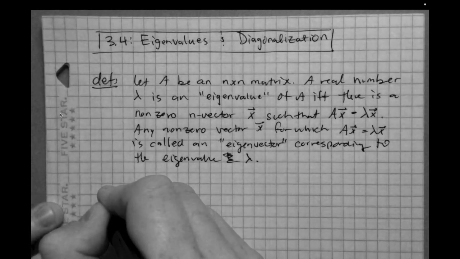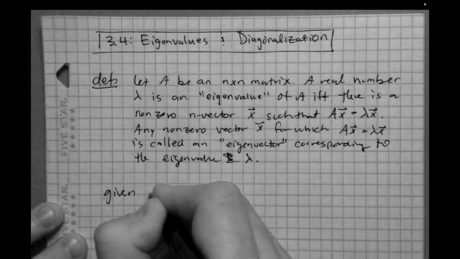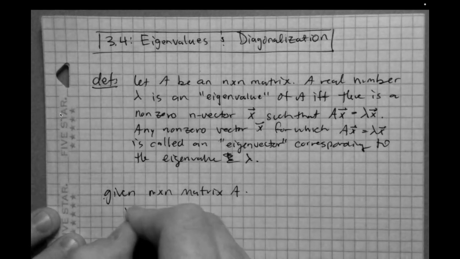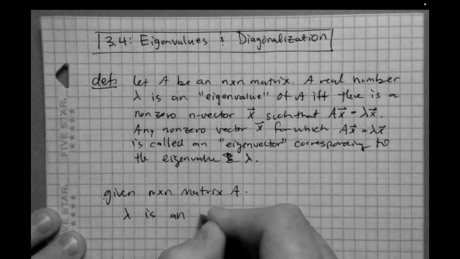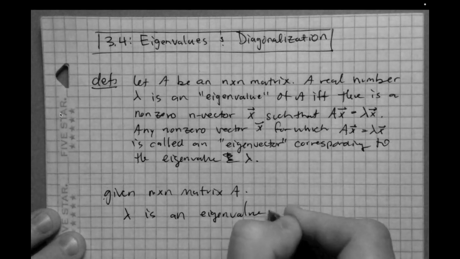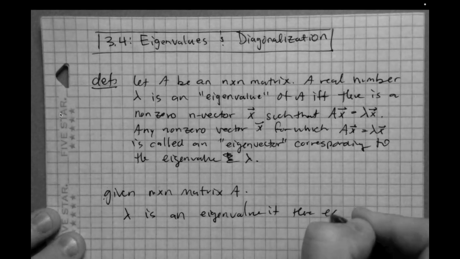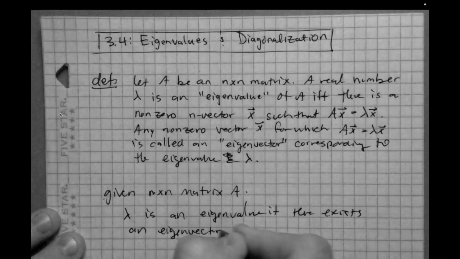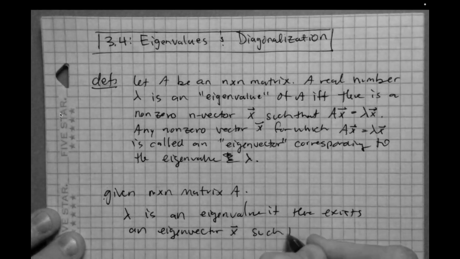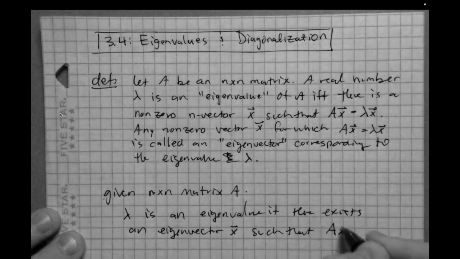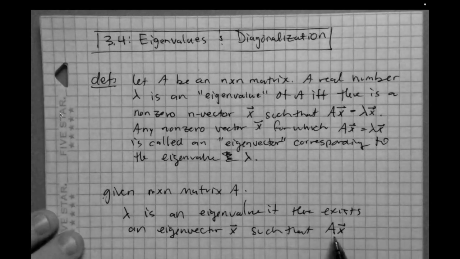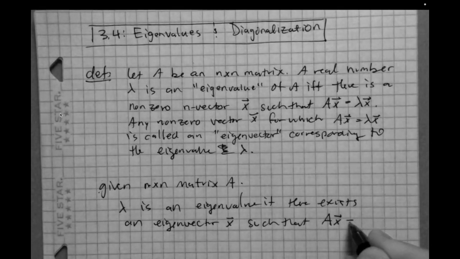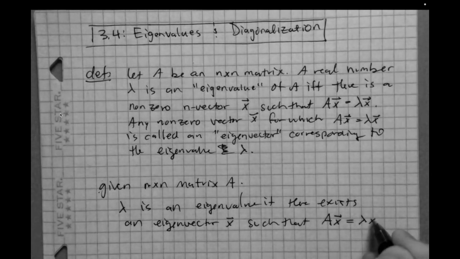Okay, so this relationship: given an n by n matrix A, lambda is an eigenvalue if there exists an eigenvector x such that A times the vector x, which is a vector, A is n by n and x is n by 1, so the result is n by 1, is going to be equal to the scalar lambda times x.